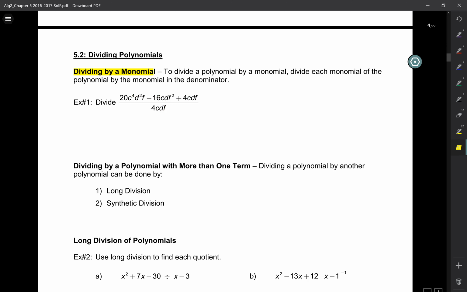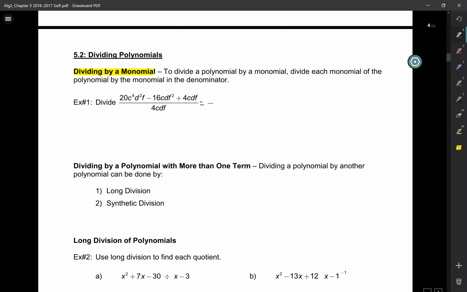All right, so the way we're going to divide that is we're going to split up the polynomial, and each term is going to get its own denominator. If you look at the polynomial in the numerator, how many terms does that have? It has 3 terms, and we split it up into 3 different fractions.